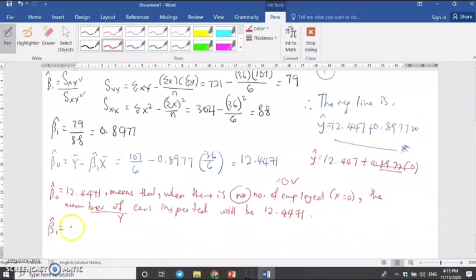So we have beta 1, which is equal to 0.8977.